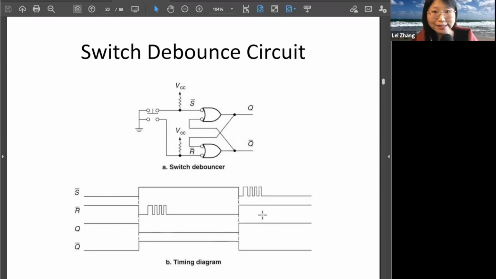So hopefully this is easy to understand, and I believe you will come to the push button debounce circuit design in your lab.